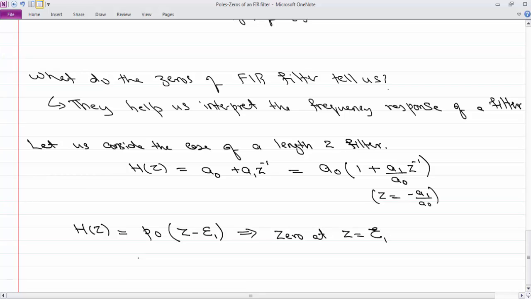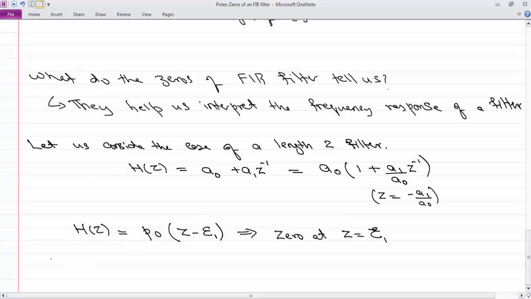Now, what's the relationship of the z transform to the frequency response? That relationship comes from understanding that the DTFT is just the Z transform on the unit circle.